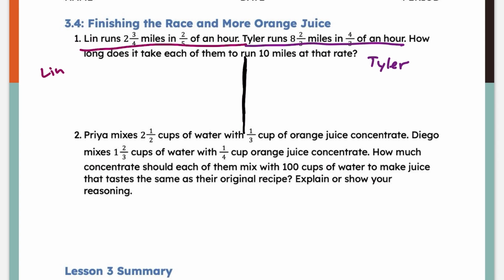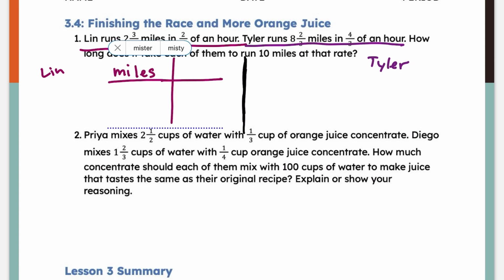Lynn runs 2 3/4 of a mile in 2/5 of an hour. So my column labels are going to be miles and hours. We have Lynn running 2 3/4 of a mile, and that takes Lynn 2/5 of an hour.